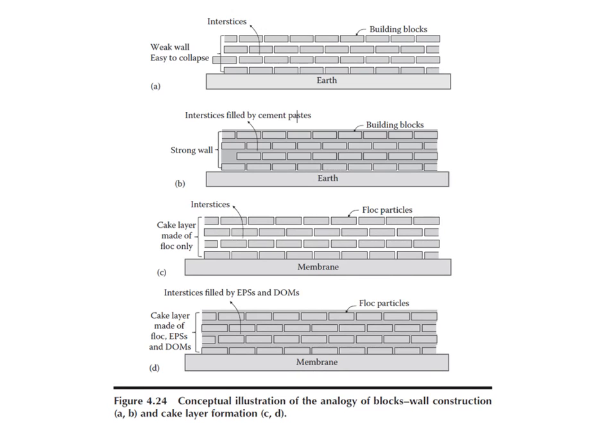And if you look back to the Carman-Kozeny equation, if the porosity decreases, the cake permeability decreases, so that this high density cake layer will cause more severe membrane fouling than the cake layer with loose structures.